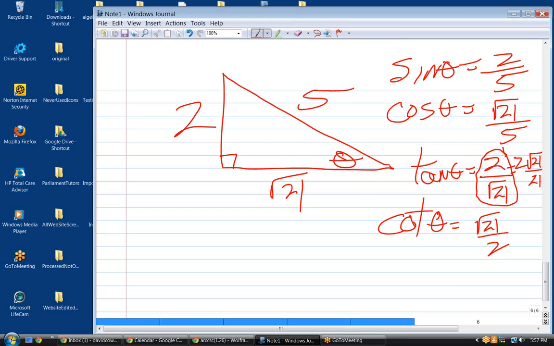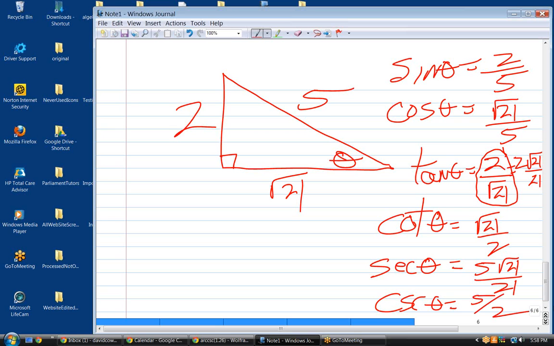And the secant of theta would be 5 root 21 over 21. Good. And the cosecant of theta would be 5 over 2. You got it.